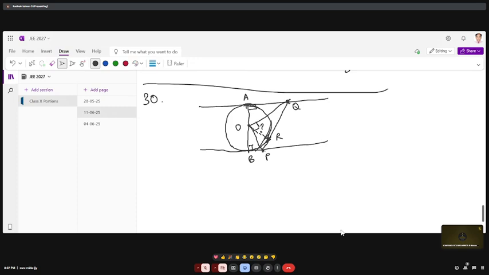Are you able to progress, Santosh? Are you getting an idea? So R is 90 degree. Yes, this is 90 degree. Very good. Okay. This is 90 degree. If you look at this triangle PRO, that angle PRO will be 90 degrees. Correct. Similarly, OBP is also 90 degrees.